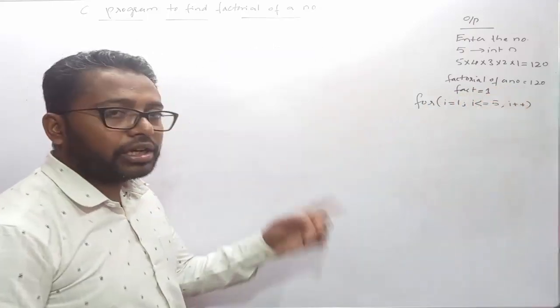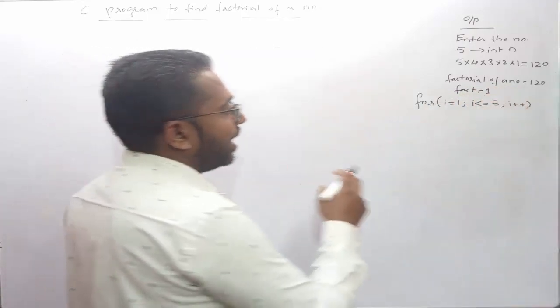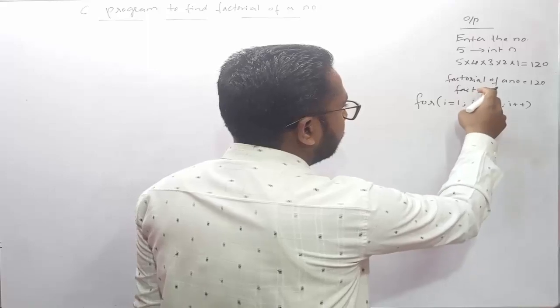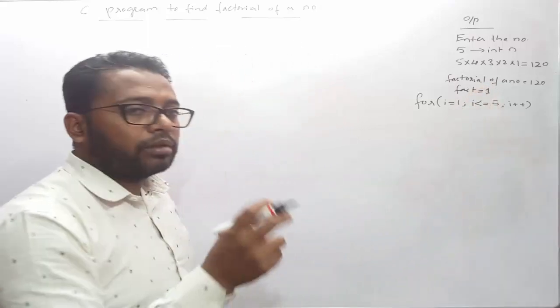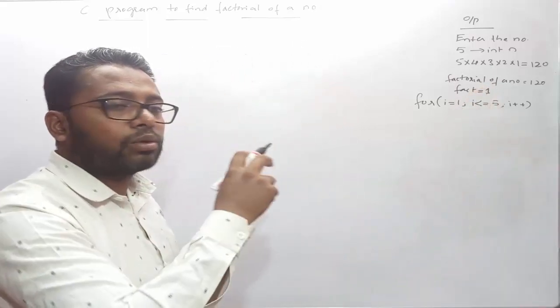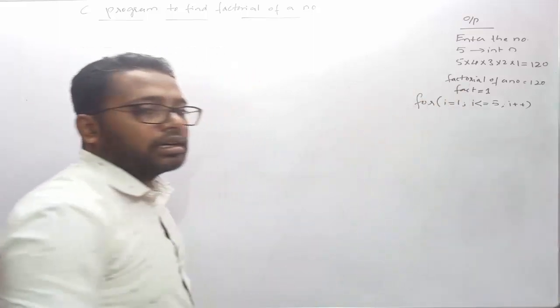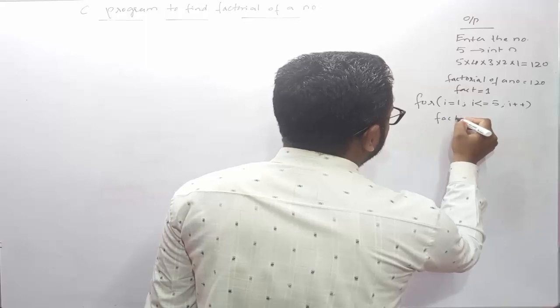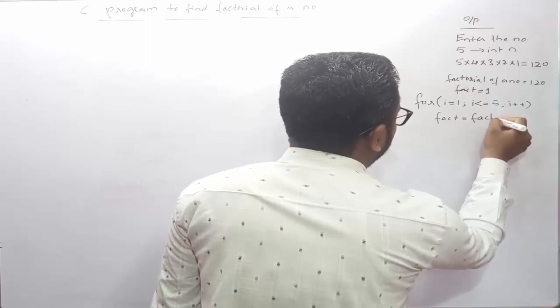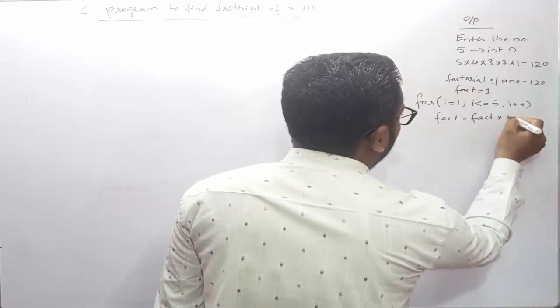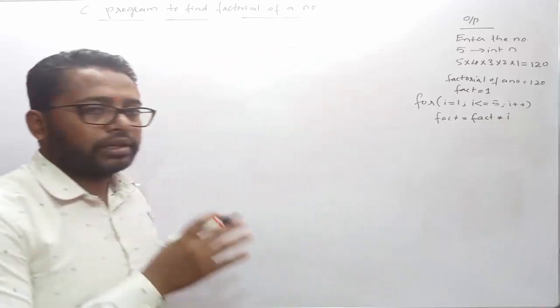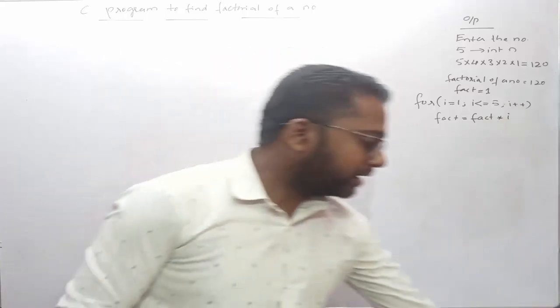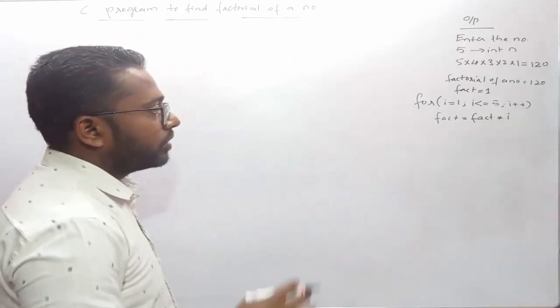So every time I will be multiplying the value of i with the value of fact, and whatever the output is, that output will get stored again inside this variable fact. So fact is equals to fact into i. This is our program. So now let us see how this code works.